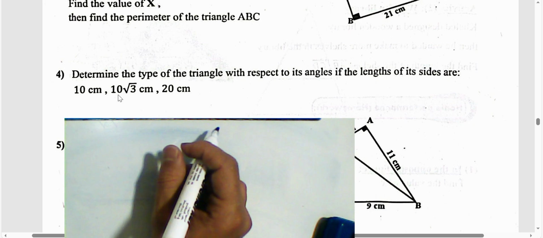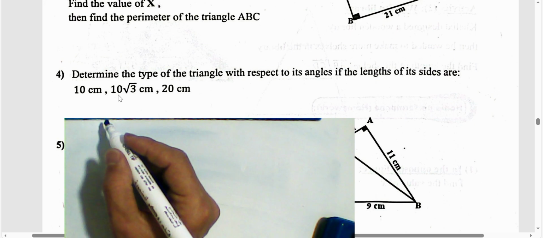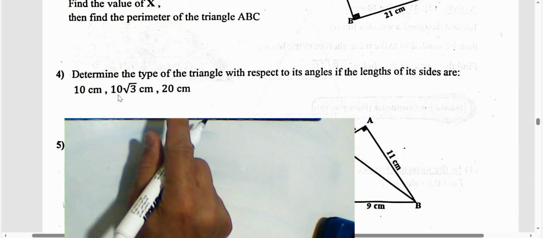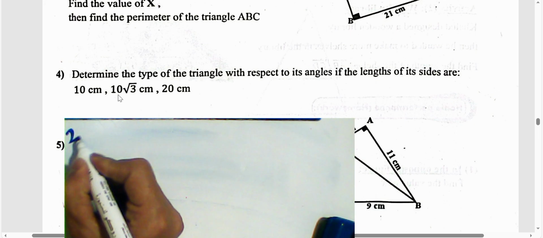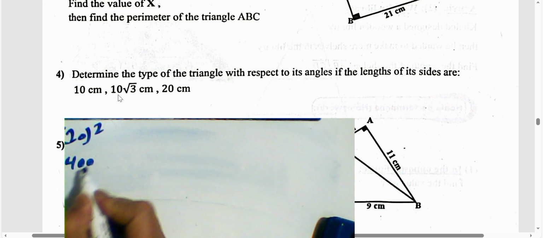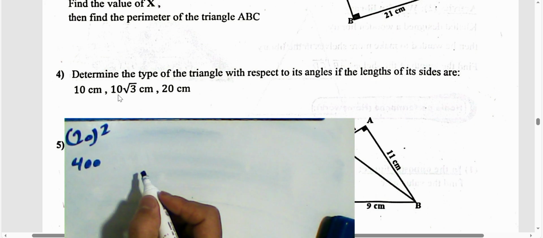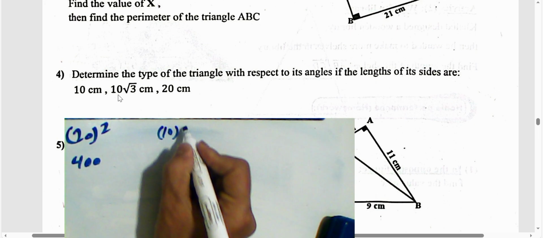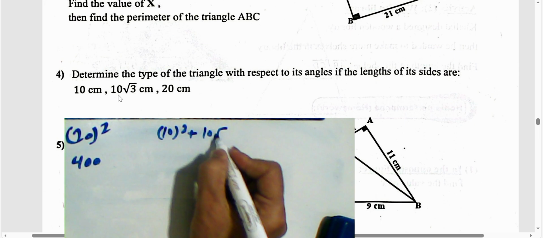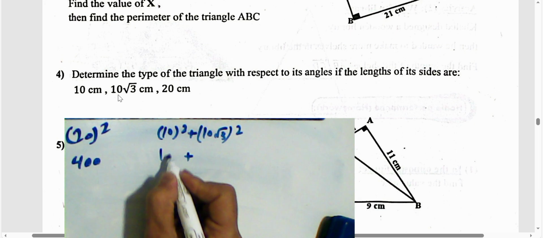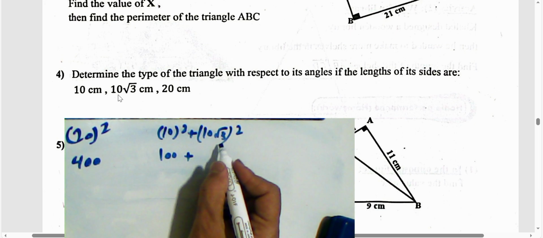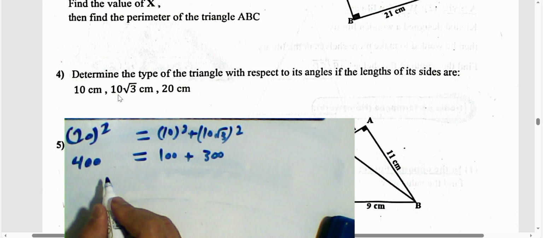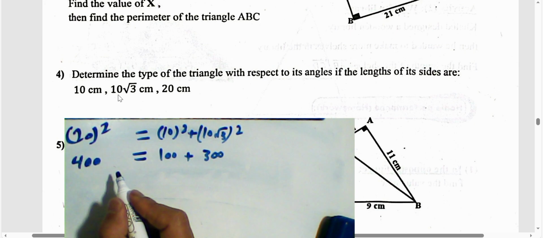Okay, we can determine the type of this triangle. 20 power 2 is 400, it's the greatest. Next, for the other sides here we have 10 power 2 plus 10 root 3 power 2. 10 power 2 is 100. 10 root 3 power 2 is 100 times 3, which will be 300. Then add them together. Then the type of this triangle will be a right angle triangle.